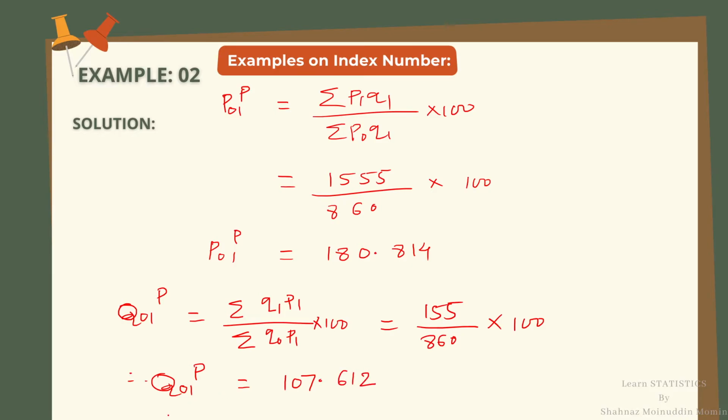This is the Paasche quantity index number. Now we shall calculate the Fisher's price and quantity index number.